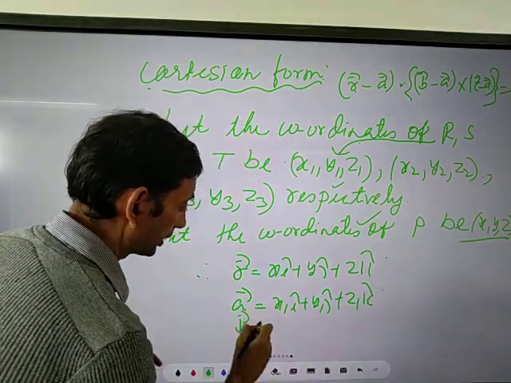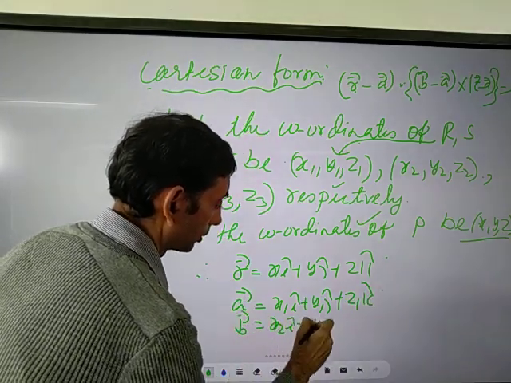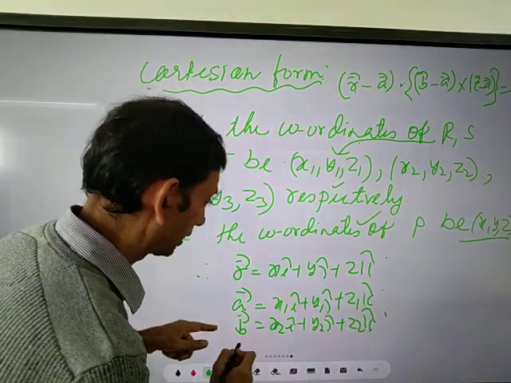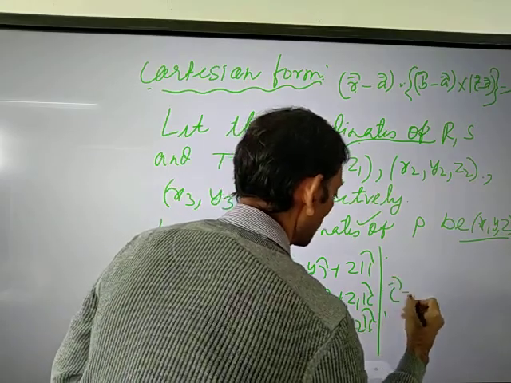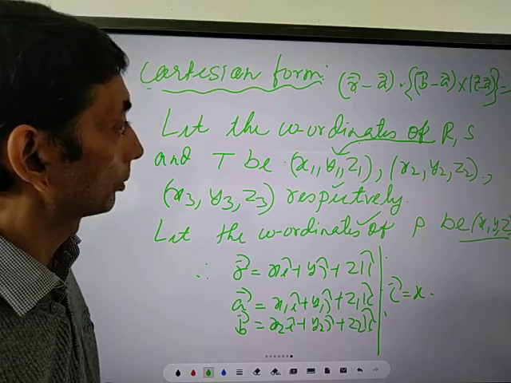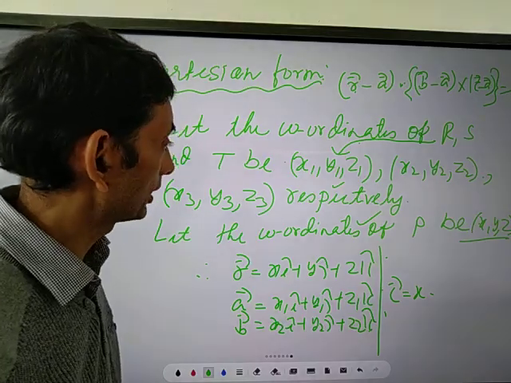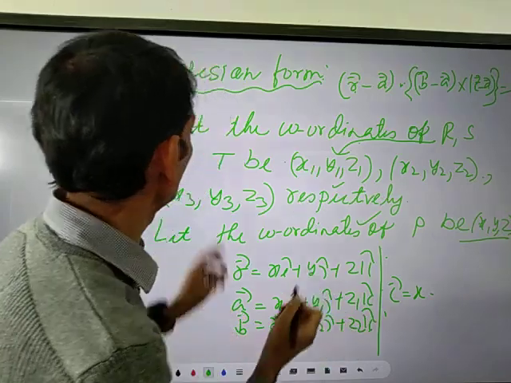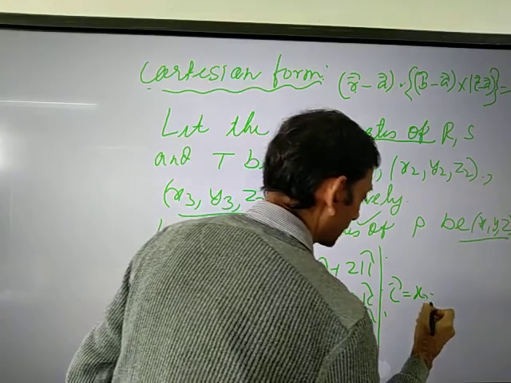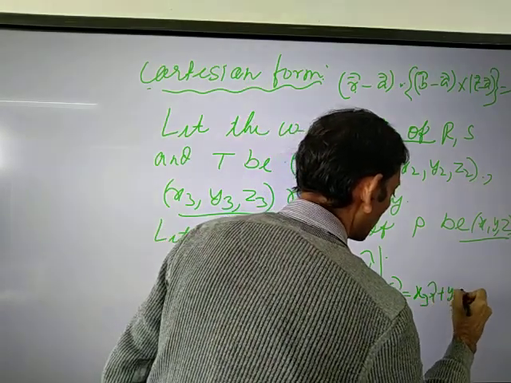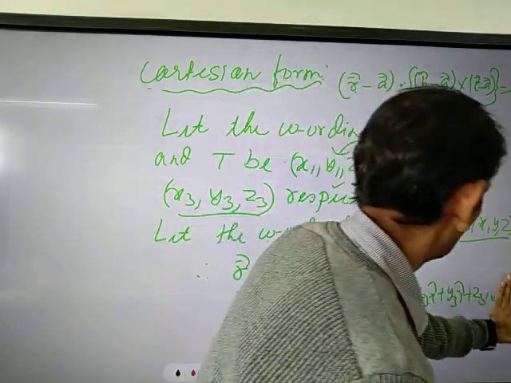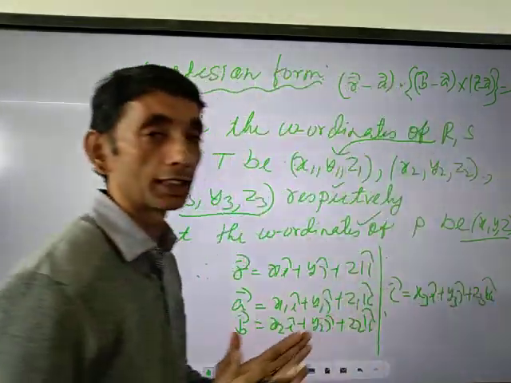Similarly, B can be written as x2 i cap, y2 j cap and z2 k cap. And C, because C is the position vector of the last point, T, whose coordinates are x3, y3, z3, can be written as x3 i cap, y3 j cap and z3 k cap.